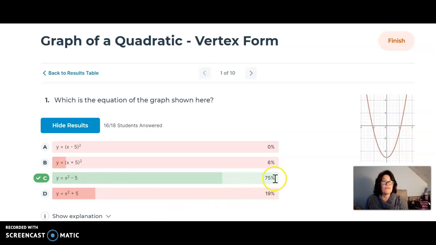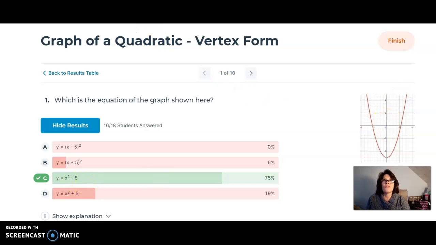And 75% of you got it right. Some of you got a little mixed up with whether the 5 is positive or negative. Remember, the y coordinate of the vertex will be the same in the equation. So since the y coordinate was -5, we have x squared minus 5.